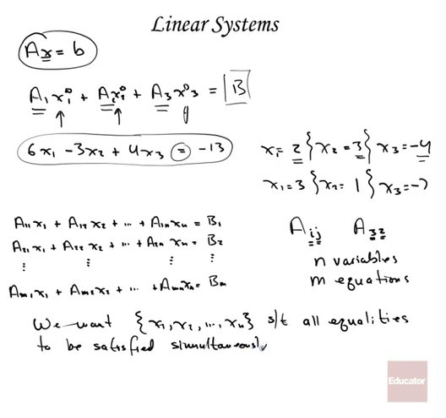In other words, we want numbers such that that holds, that holds, that holds, that holds. If one of them doesn't hold, it's not a solution. Let's say you have 7 equations, and you found some numbers that satisfy 6 of them, but they don't satisfy the 7th. The system doesn't have that solution. It has to satisfy all of them. That's the whole idea.